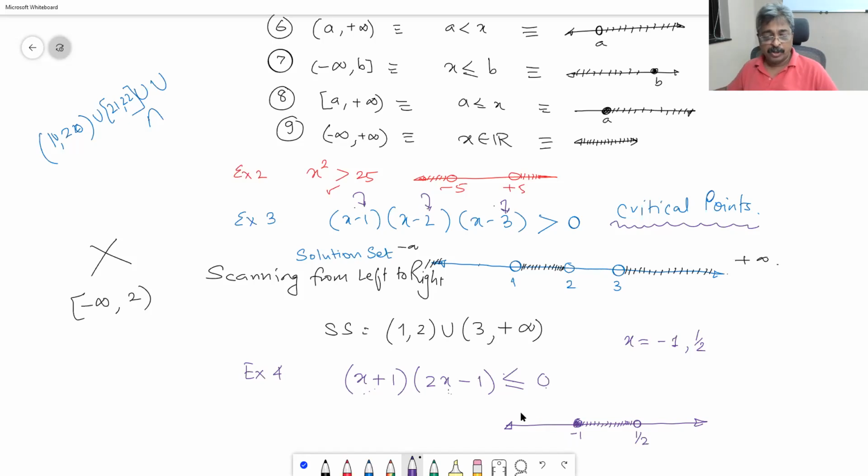I put x equal to half. The moment I put x equal to half, this bracket becomes 0, LHS becomes 0, and that is part of the solution set. If I put any value greater than half, say 1, this is positive, and hence it is neither less than 0 nor equal to 0, hence it is not part of the solution set.